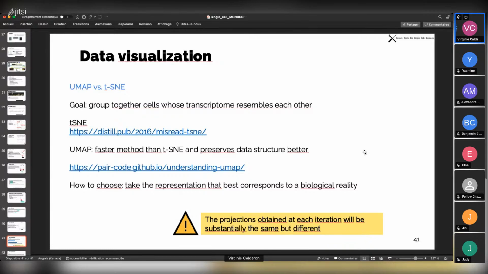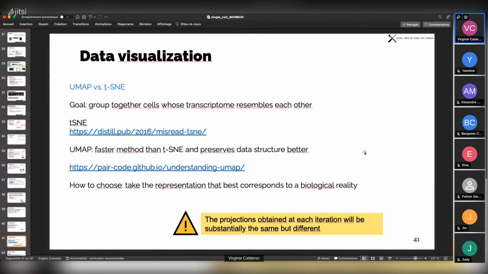Also, as advice as a bioinformatician, if you make the projection with Seurat later on the same dataset, and you didn't put a seed in the argument, you will obtain a different representation.